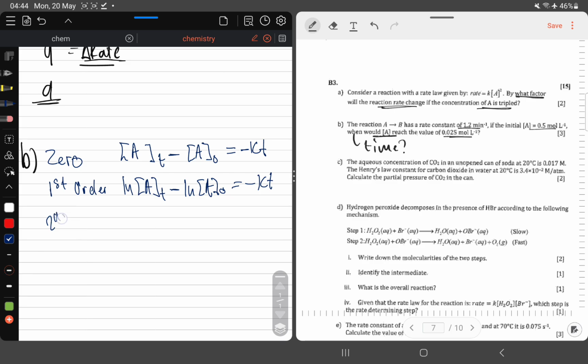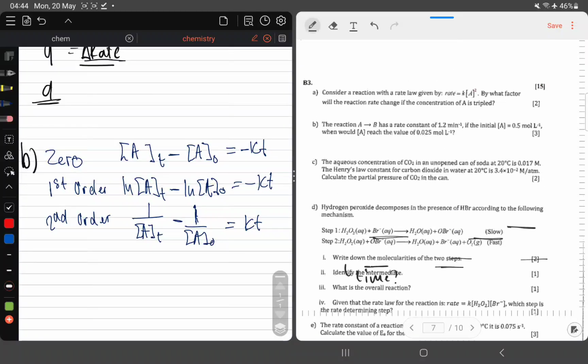And for second order, we say 1 over the concentration of A at time t minus 1 over the initial concentration of A is equal to positive kt. It's the only one that gives us positive kt. Don't forget that.